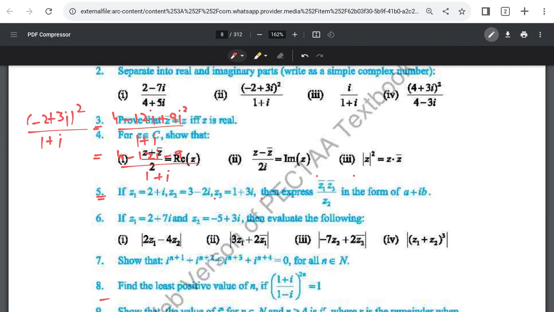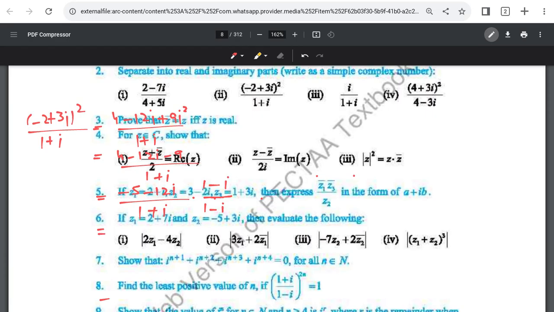Okay, so now we have minus 5 minus 12 iota over 1 plus iota. So now we multiply it by the conjugate of the denominator, that is 1 minus iota over 1 minus iota.